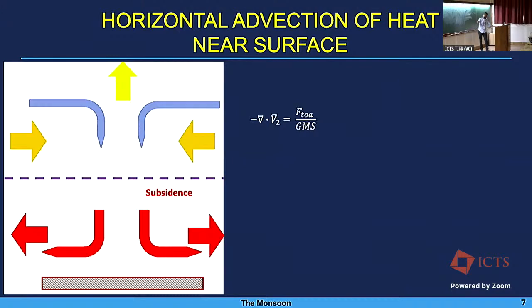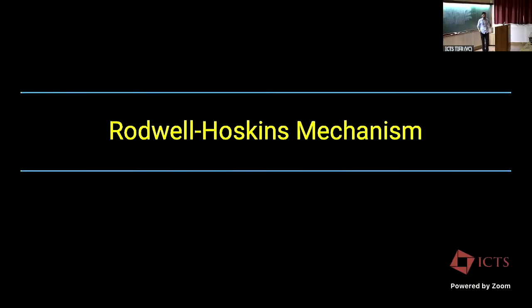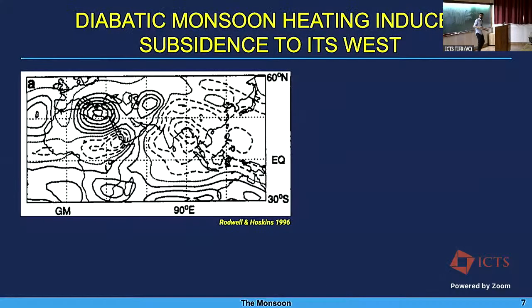Now, that was in 1975. The next drastic development in this field came with Rodwell-Hoskins in 1996. What Rodwell-Hoskins said was that monsoons create subsidence to their west side.